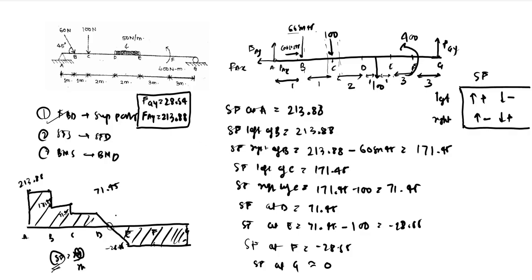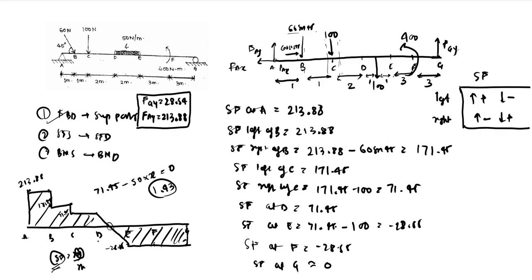So 71.45 is the force just before the UDL, minus there is a 50 Newton per meter acting, and let us say at some point x the shear force is going to zero. So 71.45 minus 50x is zero. So 71.45 divided by 50 comes out to be 1.43.